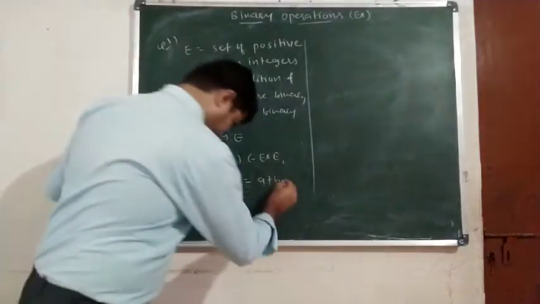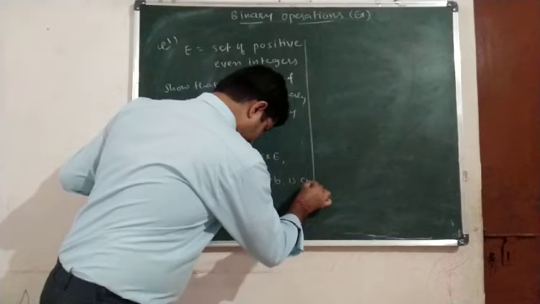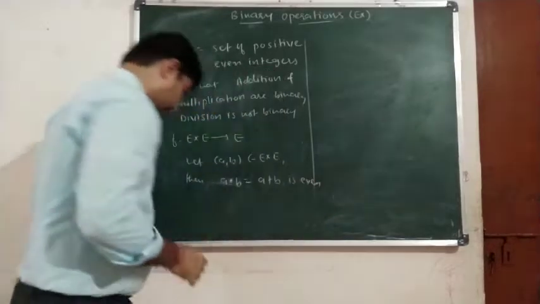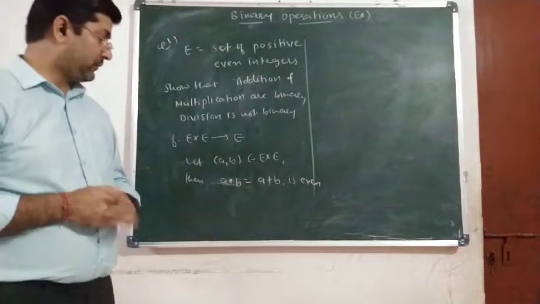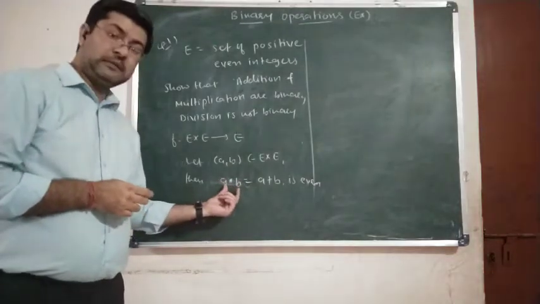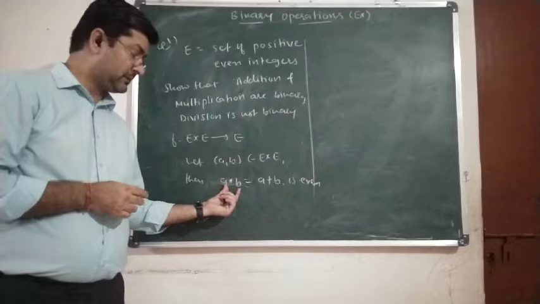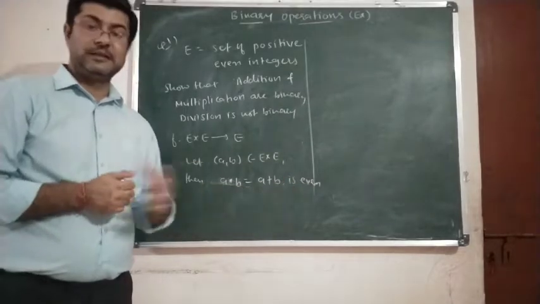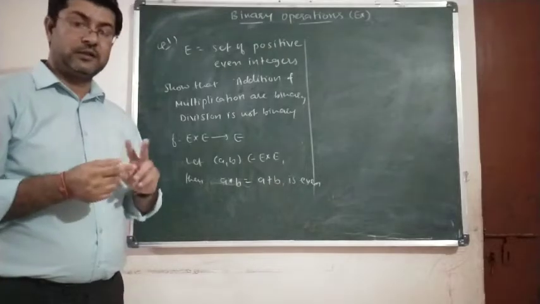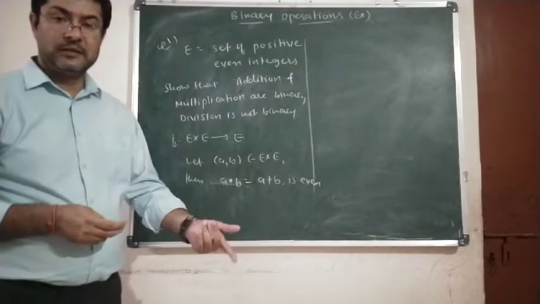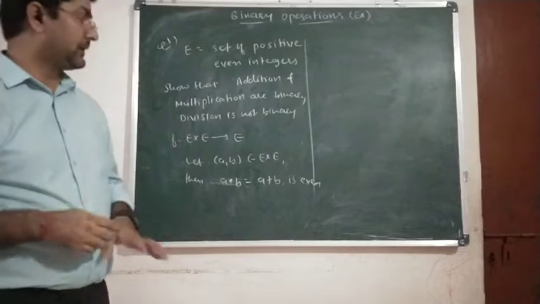So we can write that A plus B is even for all A, B belonging to E cross E. Yes or no? And therefore the binary operation addition is even. Why? Because the sum of two even integers is an even integer, and similarly the product.